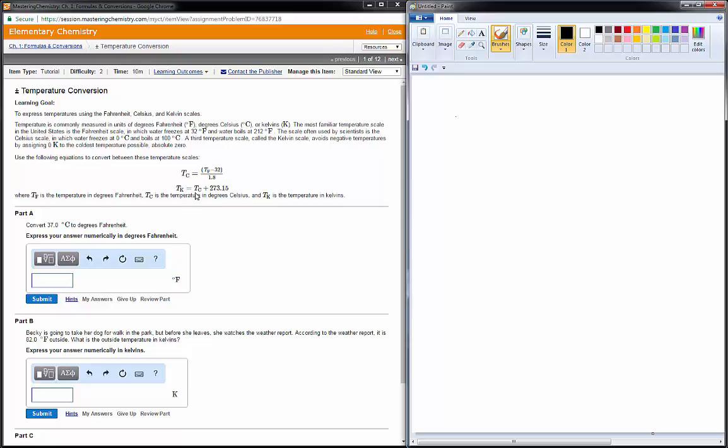If I have 37 degrees Celsius and I want Fahrenheit, then I find the formula to go between Celsius and Fahrenheit and I plug it in. The temperature in Celsius is 37 degrees, which equals the temperature in Fahrenheit minus 32 divided by 1.8. To solve for the temperature in Fahrenheit, we're going to multiply both sides by 1.8, so those cancel.